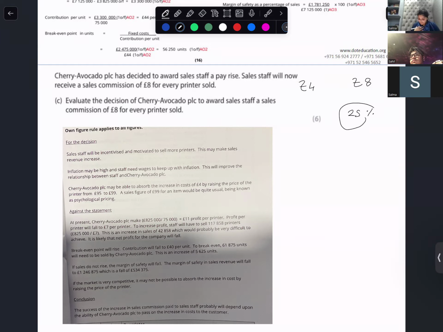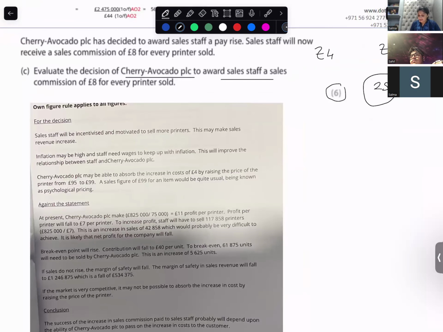Evaluate the decision of Cherry to award sales staff £8 for every printer sold. This is for 6 marks, right? So you have to mention 3 marks in favor of the decision and 3 marks against the decision.